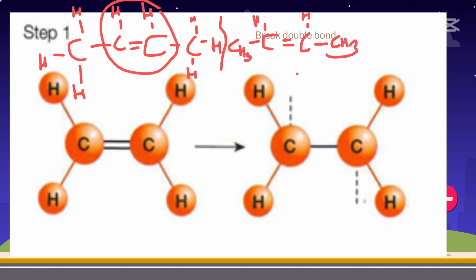So what I'm going to do is redraw this. My double bond would be here, my hydrogen would be here, and I'm going to put the methyl group at the bottom. Try to do it something like this, and put the other hydrogen at the top and the methyl group at the bottom.